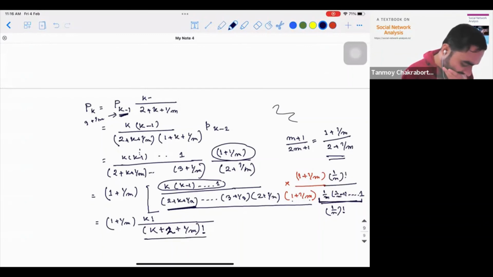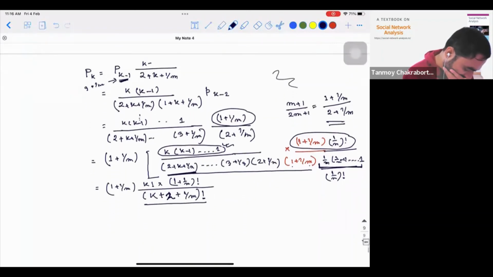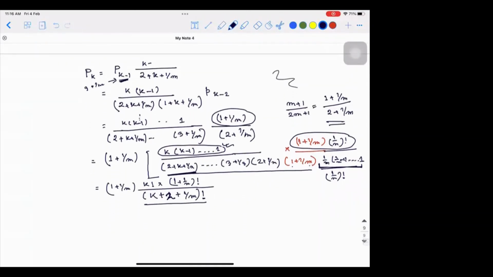Then only we get this one in the denominator. In the numerator, we already have factorial k times, this one is 1 plus 1 by m factorial. Right? Sasank? Yes, sir.